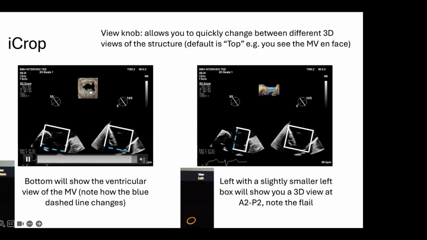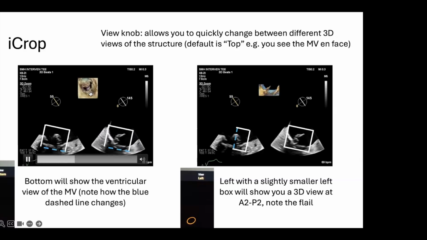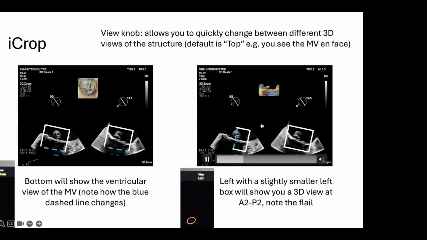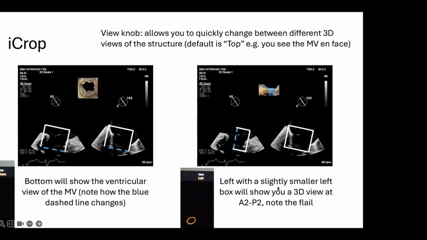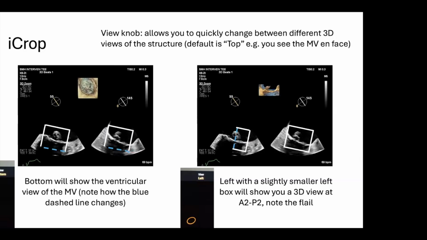So you see a different perspective on your 3D image, where we're now looking at the flail from the ventricular side. And then you can also change it to view left, for example, to quickly see the valve and the flail segment, kind of what it would look like in the long axis, where my cursor is looking at the anterior leaflet and then the posterior leaflet here. And so it has these ways to quickly change your orientation of your cropped image, which can be helpful.